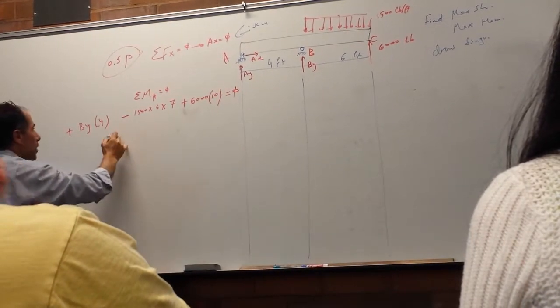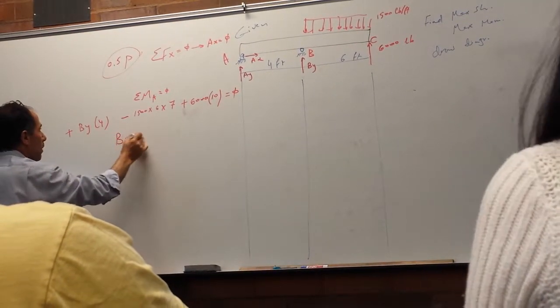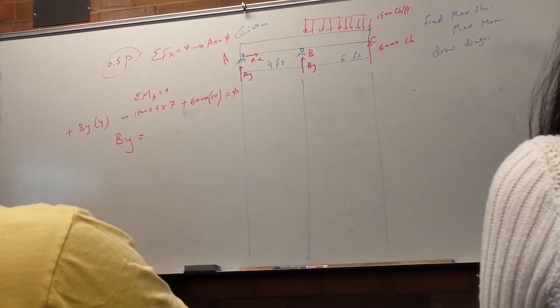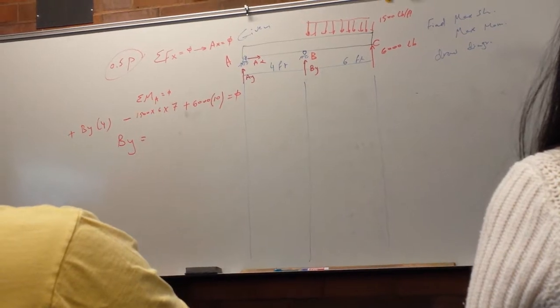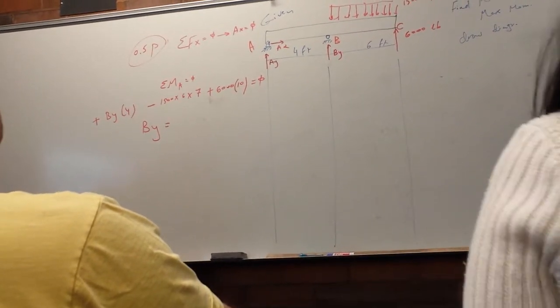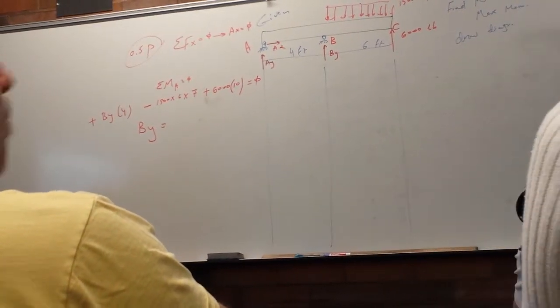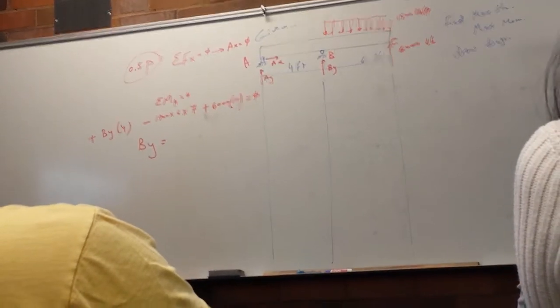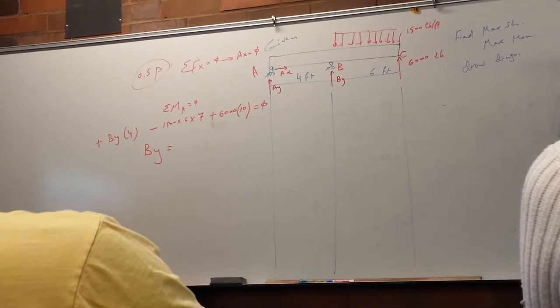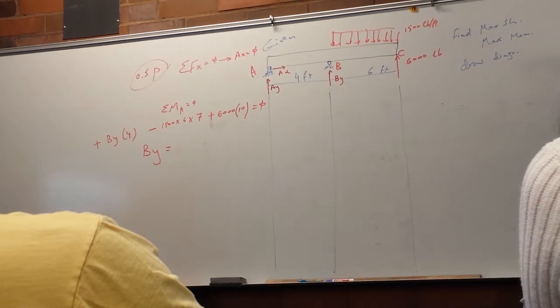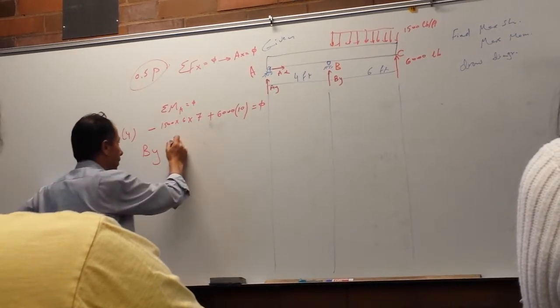We have one equation, BY equals 750 pounds.